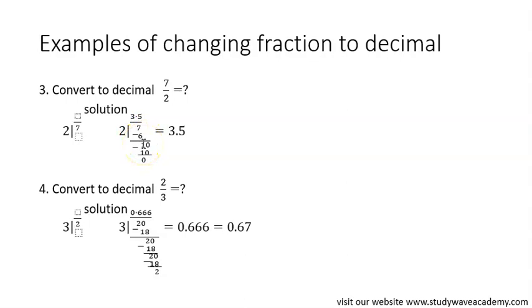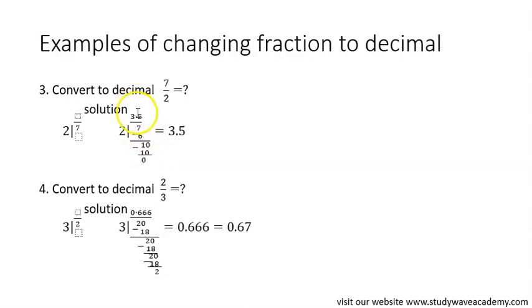2 cannot go into 1, right? So we put a point and add 0. When you put a point, you can add 0 to the number. We have 1 here and we put a point to add 0. When we add 0, can 2 go into 10? Yes, it can go into 10, which is 5.